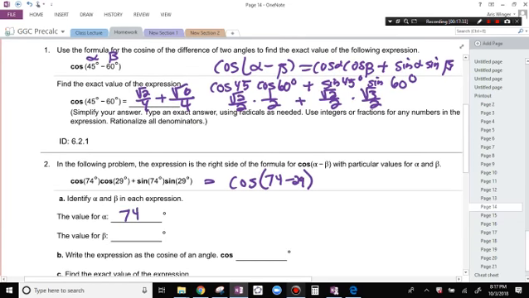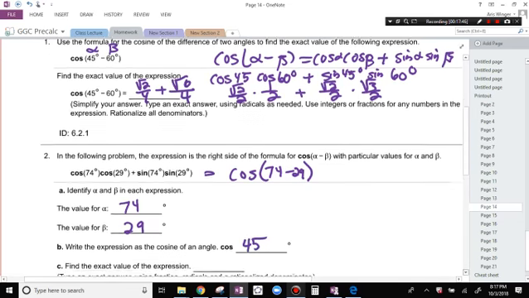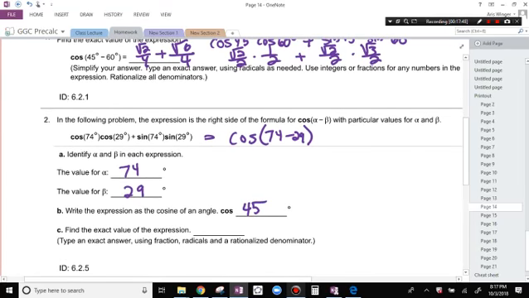Beta is 29. And write an expression as a cosine. So this is really a cosine of, what's 74 minus 29? 45. Look at that. Cosine of 45? Square root of 2 over 2.